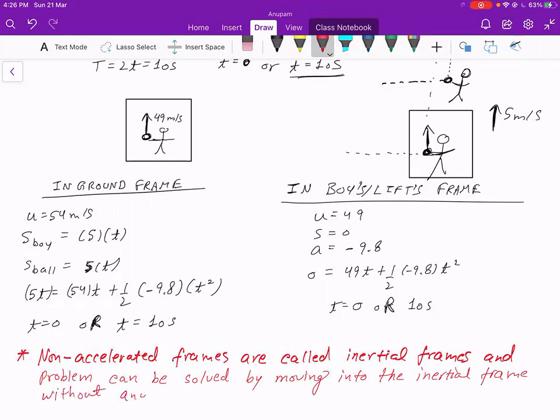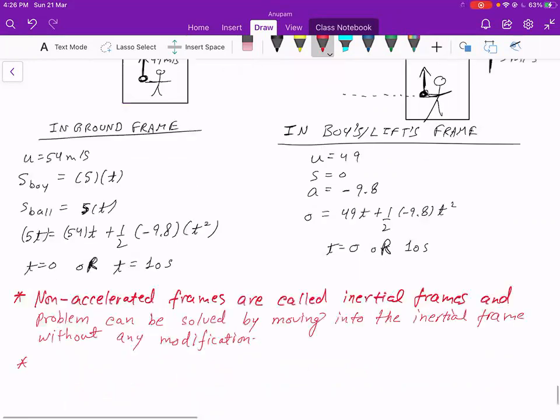Whereas now this is the important part which you don't know yet. We'll study in laws of motion about this. That is, accelerated frames, which you will not be asked in these two chapters before laws of motion. Accelerated frames are called non-inertial frames.